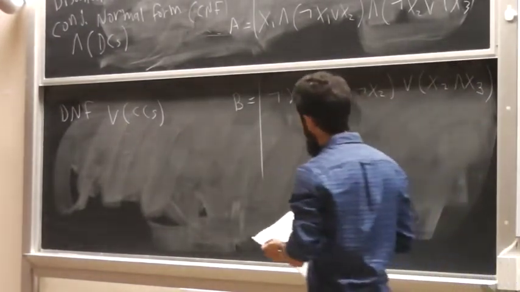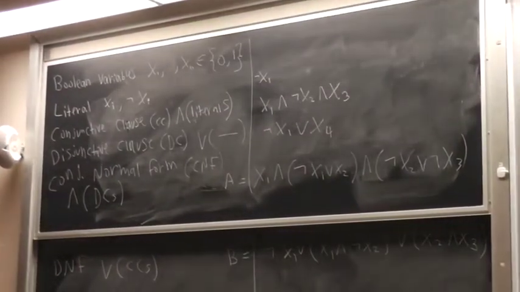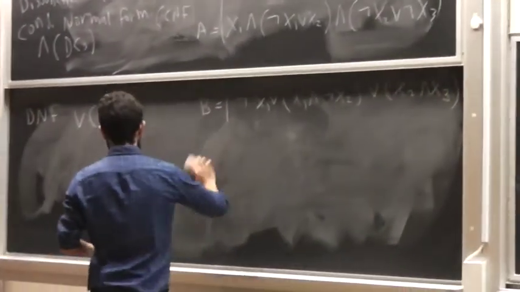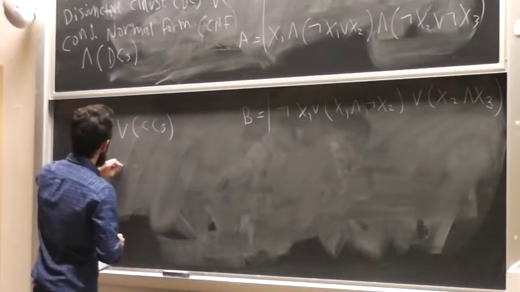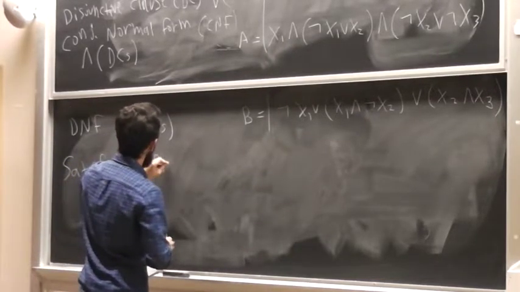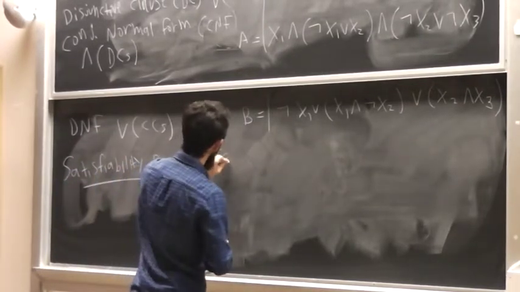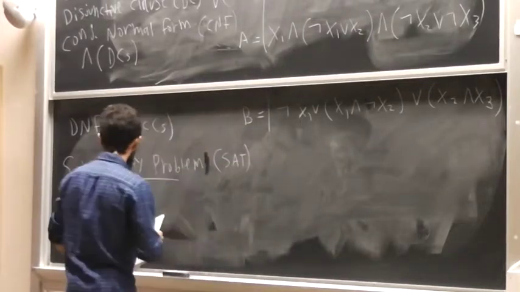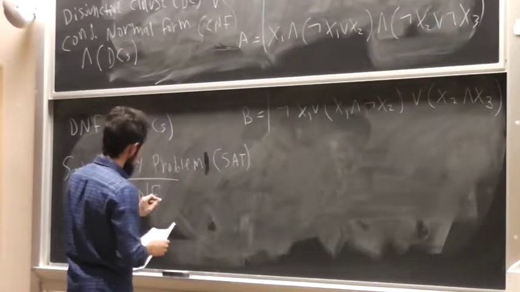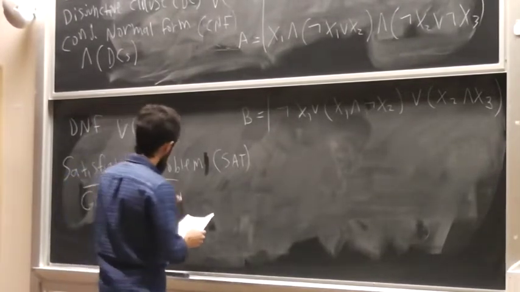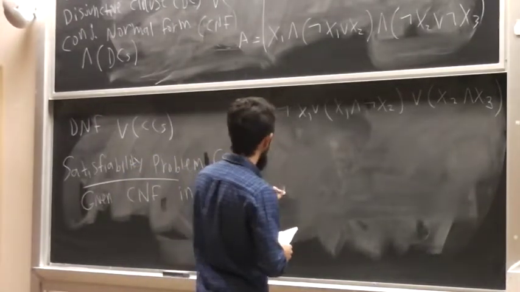Okay, so now I can talk about the satisfiability problem. Usually I'll abbreviate that by SAT. The question here is, given a conjunctive normal form in the variables x1 through xn, is it satisfiable?